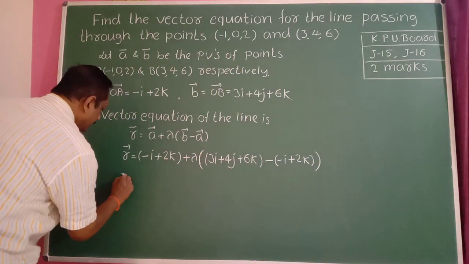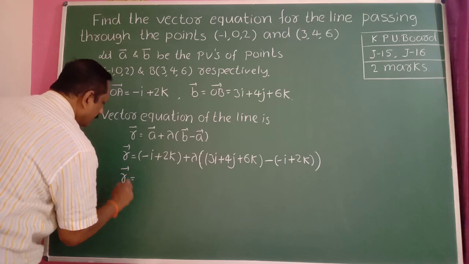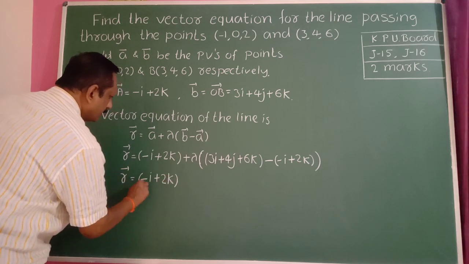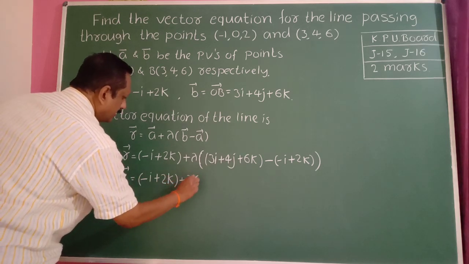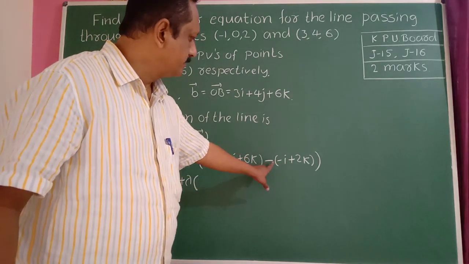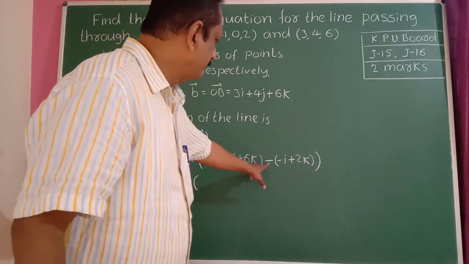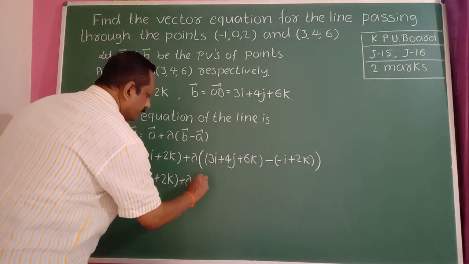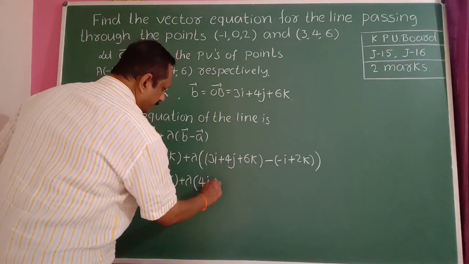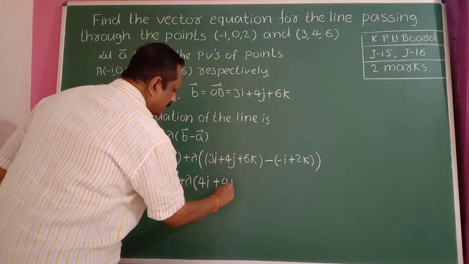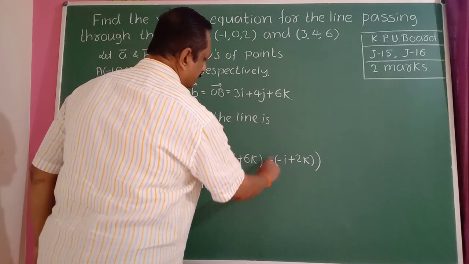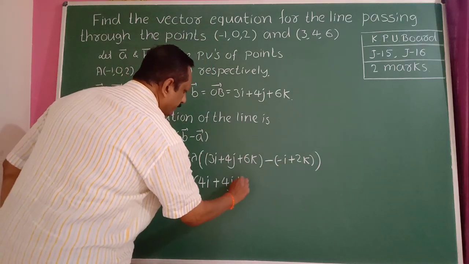Therefore r bar is equal to minus i plus 2k, plus lambda into, take this minus inside the bracket, so minus into minus becomes plus: 3i plus i becomes 4i, then there is no j term here, so only 4j, then 6k minus 2k becomes 4k.